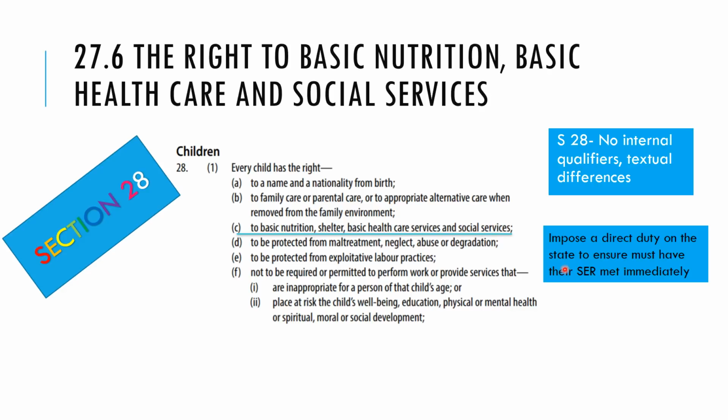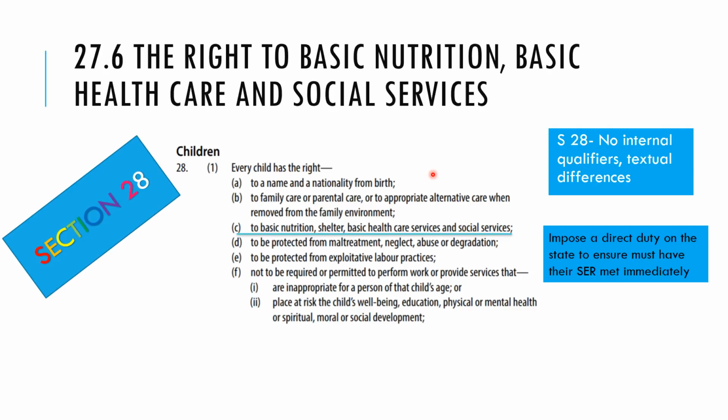So what this means is that there is a direct duty on the South African state to ensure that all children must have their socioeconomic rights met immediately. So all children have an immediate right to basic nutrition, shelter, basic healthcare services, and social services.